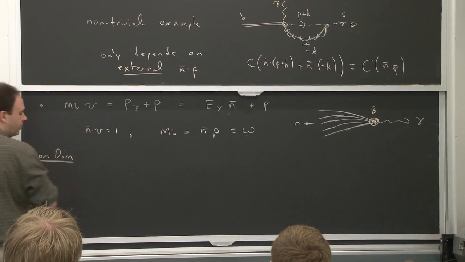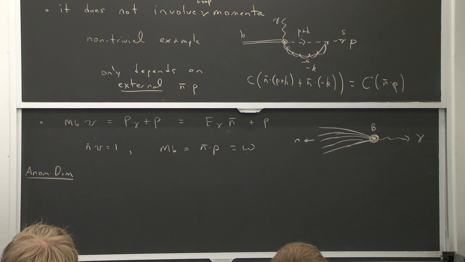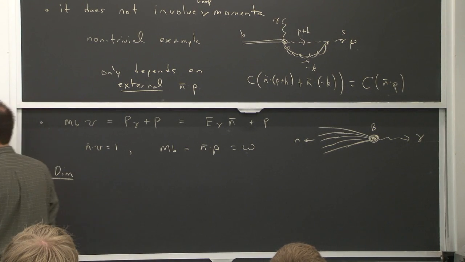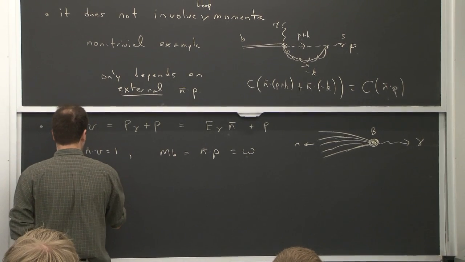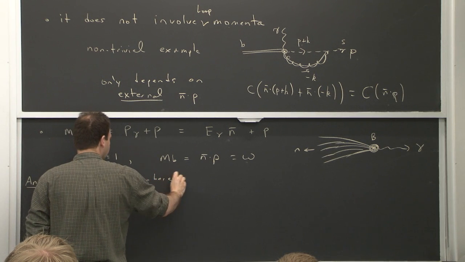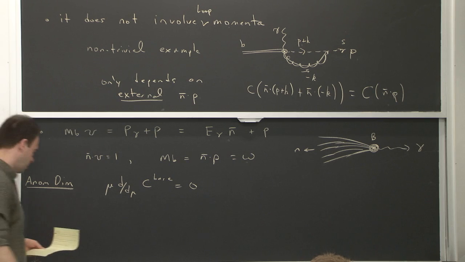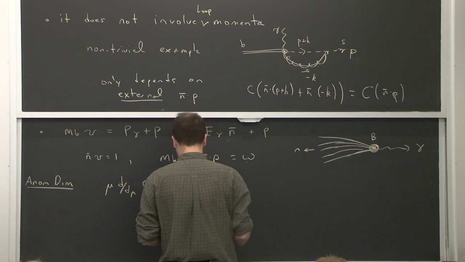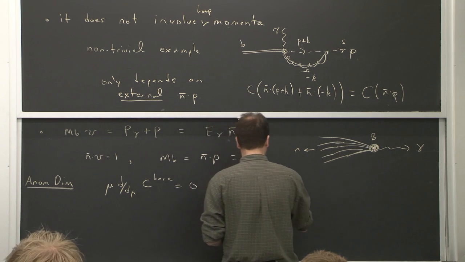So any questions about that? All right, so this Wilson coefficient just comes out, and we didn't have to worry about this delta function. So how do we calculate the anomalous dimension? It's the usual story. So mu d by d mu of the bare coefficient is 0. That implies a renormalization group equation for the MS-bar coefficient.